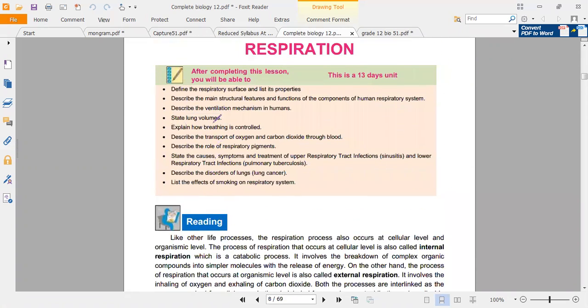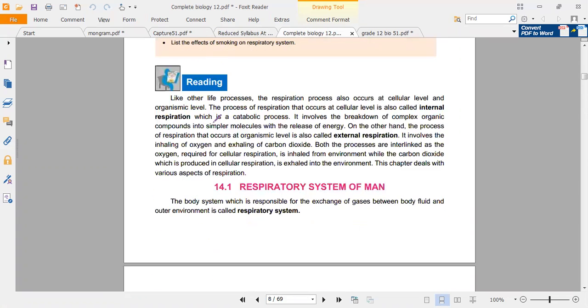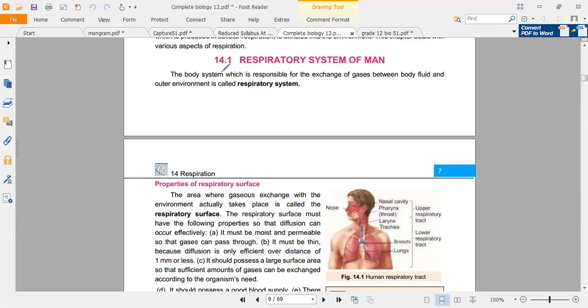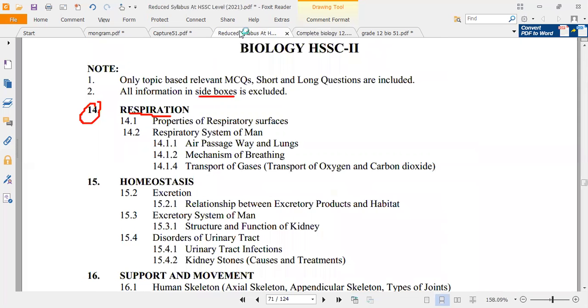Okay, this is chapter number 14, respiration. And if you see, respiratory system of man is the first topic of this chapter, that is 14.1, respiratory system of man, and the subheading of this topic is properties of respiratory surface. But in the syllabus that is given, properties of respiratory surface is the first one and respiratory system is the second topic.